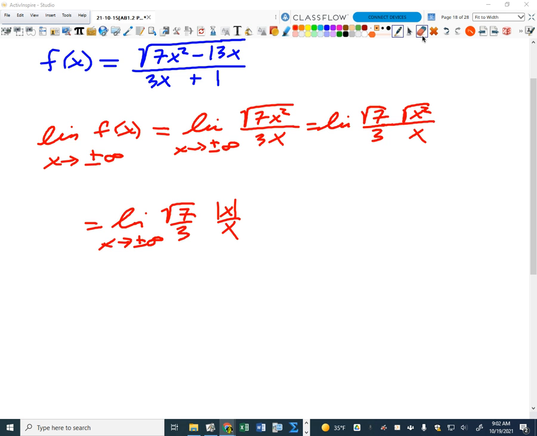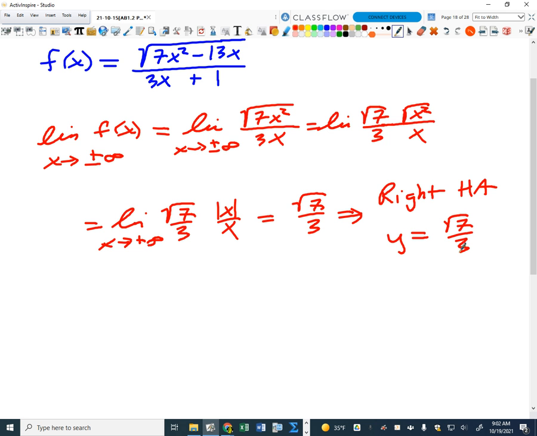We'll do this as two separate limits. The limit of this function as x approaches positive infinity would just equal square root of 7/3. So that gives us the right horizontal asymptote is the line y equals square root of 7/3, right?